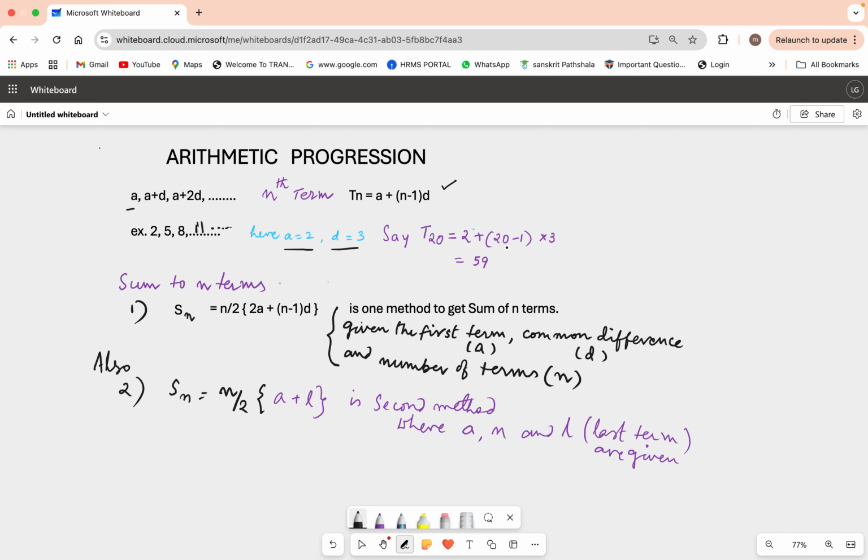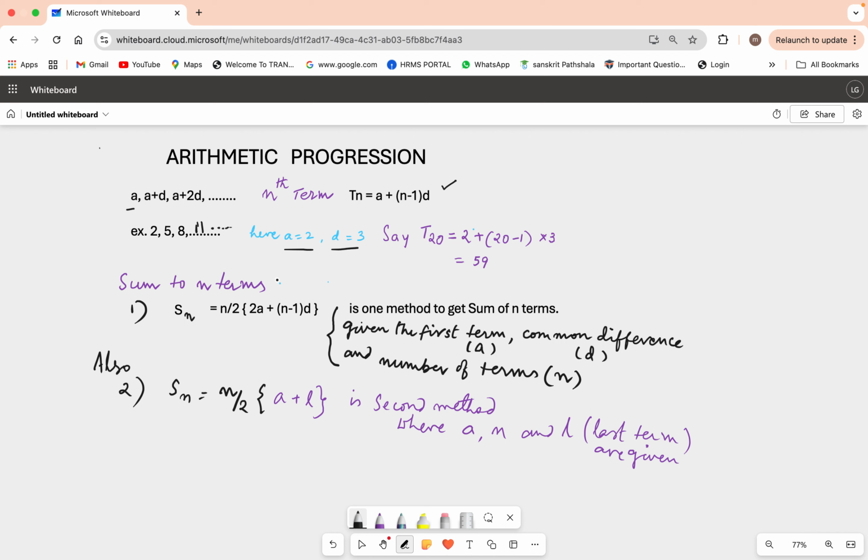Fine. So it is 19 into 3, which is 57, plus 2, which is 59. So the 20th term is 59. So we have obtained the nth term given initial values A and D. Fine. So this is how we can construct any arithmetic series.